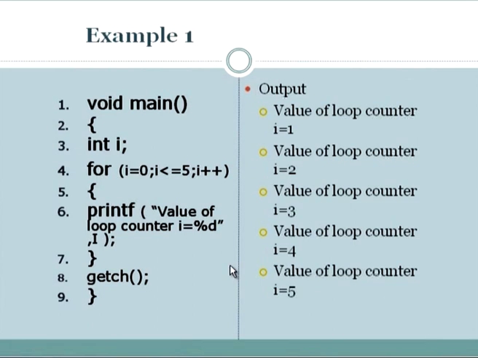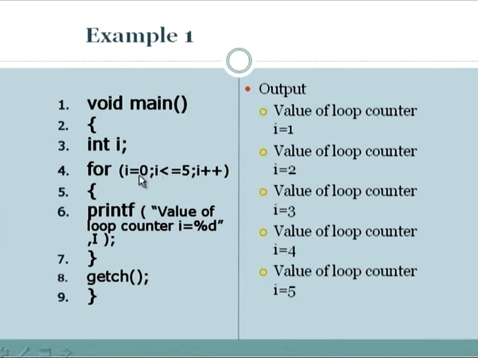Let's study an example of the for loop. In this example, we declare a variable I of integer data type, followed by the for keyword. For is followed by parentheses, and inside the parentheses is the loop declarator statement.